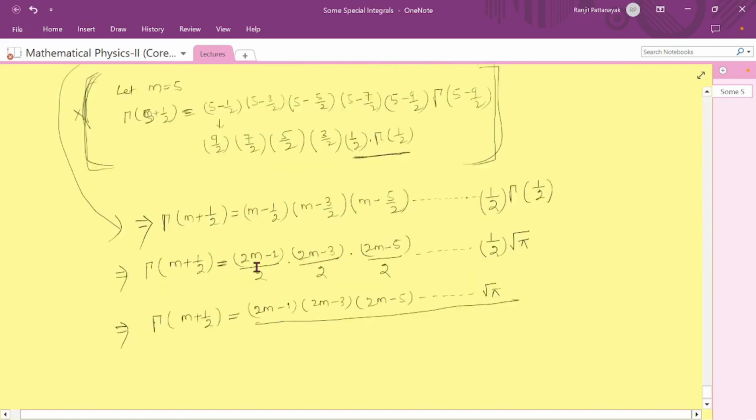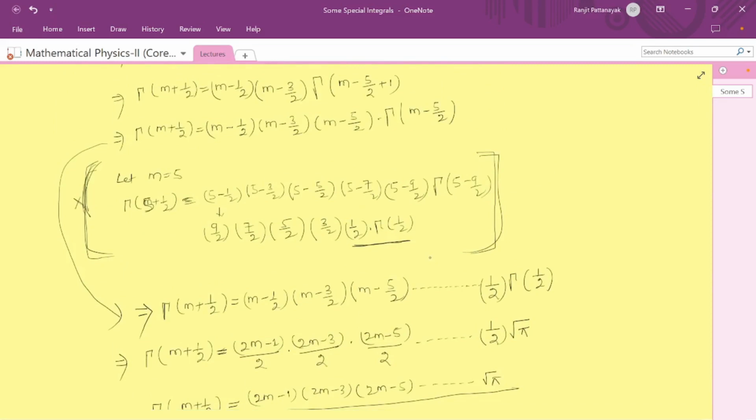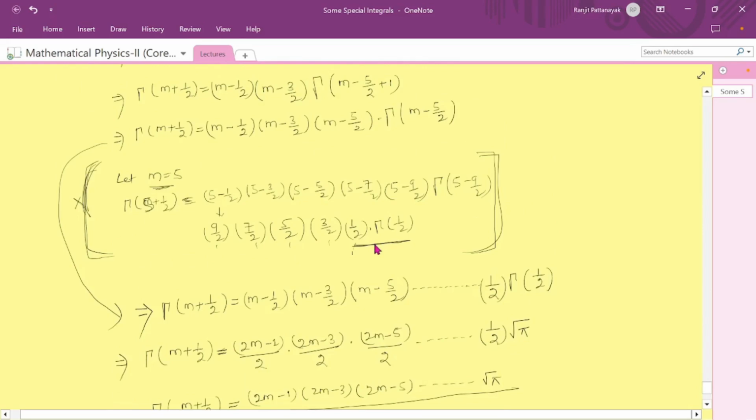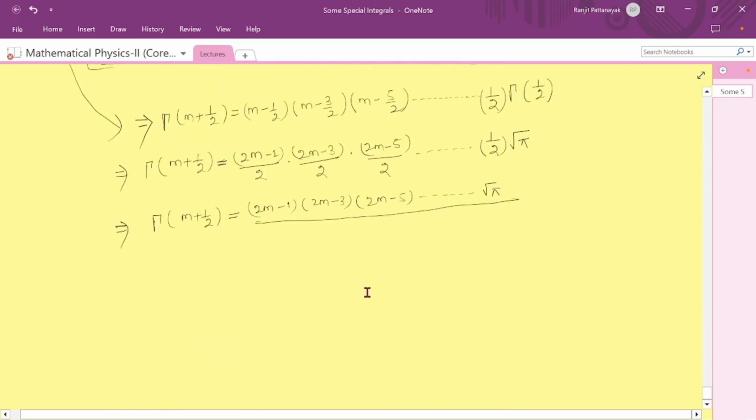Whenever we consider m equal to 5, how many 2s? 1 2 3 4 5. So obviously for m equal to 5, there are 5 twos in the denominator. So in general for m, m number of 2s are multiplied. For that I can write 2 to the power m.